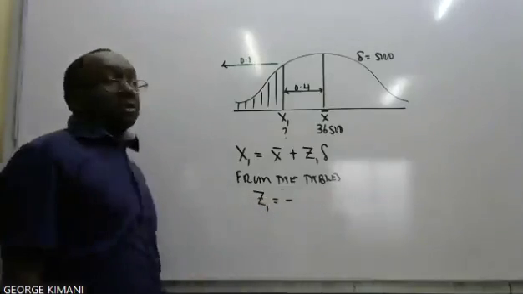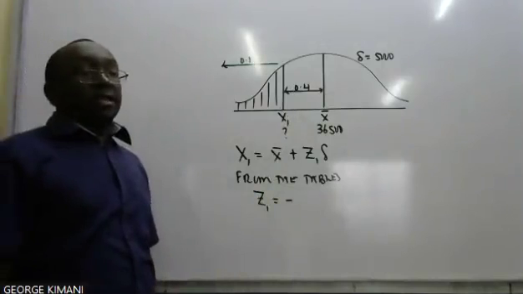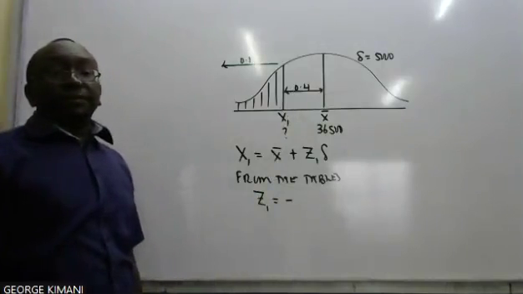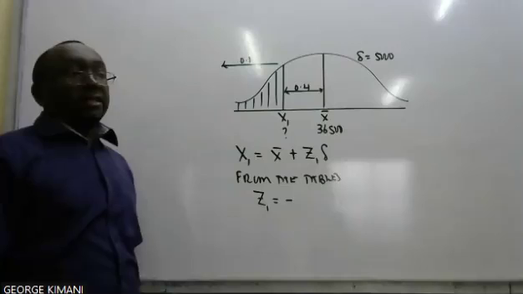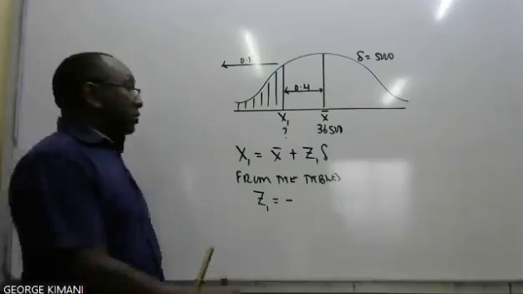So go to your tables and look for 0.4 and tell me what that is. The figure that is exact, or very close to that, because most likely it's not exact. 1.28.